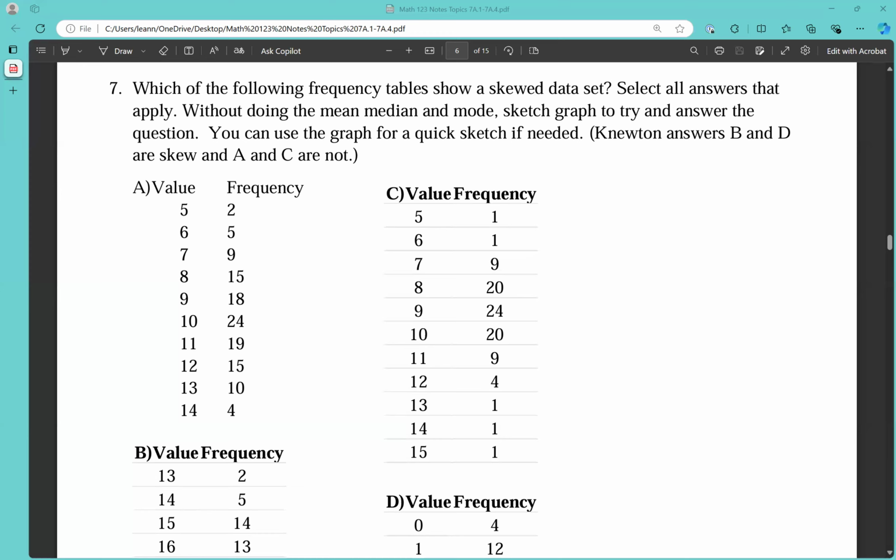So it says selected runners from a marathon were asked how many miles they could run before they started to feel tired. The results are shown in the following histogram. How many of those runners could run greater than 7.5 and less than 8.5 before they started to feel tired? So greater than 7.5 would be going this direction, but they have to stay less than 8.5.